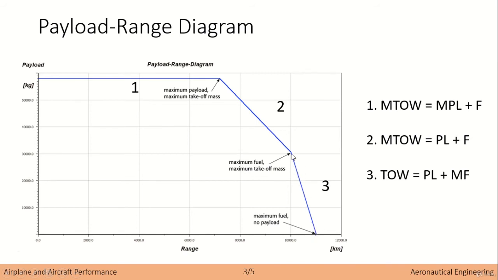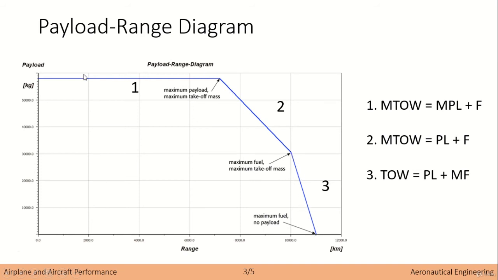And since the aircraft is structural and you cannot take pieces out of it, what you have to do is reduce the payload. So the maximum range, by definition, will actually be defined by no payload at all. Okay, so maximum fuel and no payload. This is the maximum range of an aircraft. However, this is not practical, as you can imagine, because you need to transport some people.